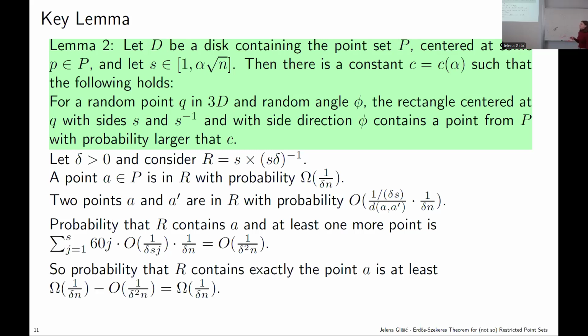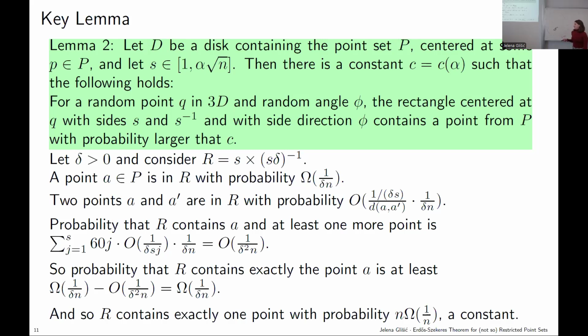So then the probability that I have exactly 1 point is at least the probability that I have at least 1 minus the probability that I have at least 2. And you will have to trust me about this, but there is some delta between 0 and 1 for which this holds. And therefore, there is some constant such that I have exactly 1 point in the rectangle R with exactly constant probability.